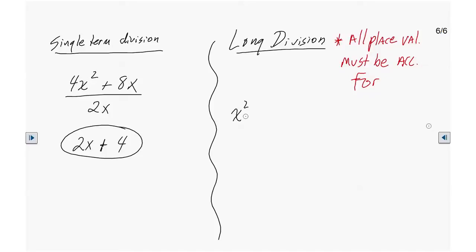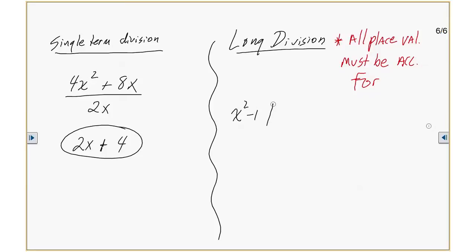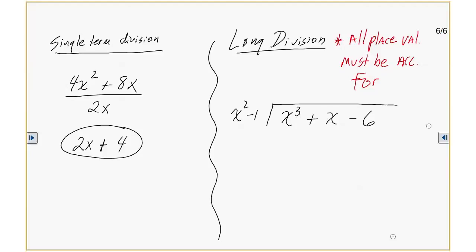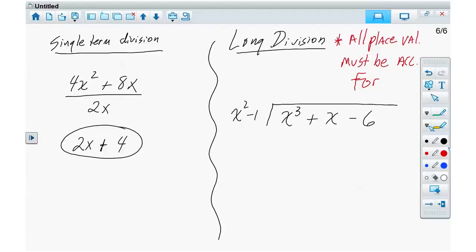x squared minus 1 into x to the third plus x minus 6. Now we're not going to do this. I'm showing you what this rule is going to do. So, what do you need to do? Well, first of all, you look at both parts.